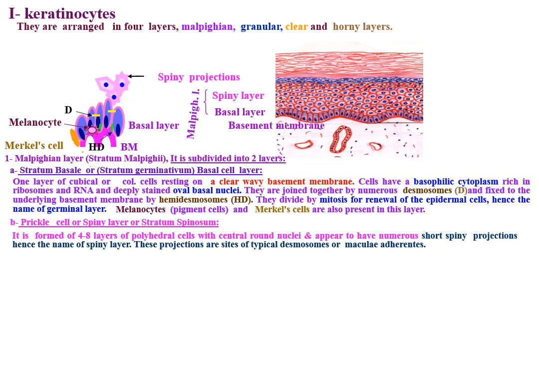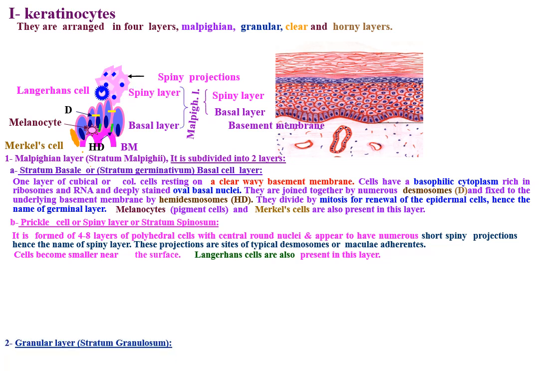These projections are sites of typical desmosomes or maculae adherents, formerly considered as gap junctions, known as intercellular bridges. The cells become smaller near the surface. Langerhans cells are also present in this layer.